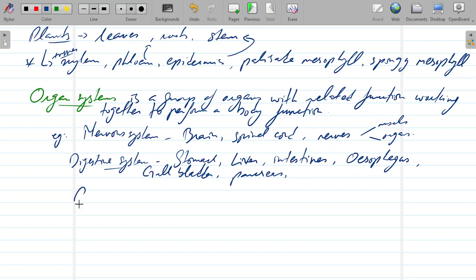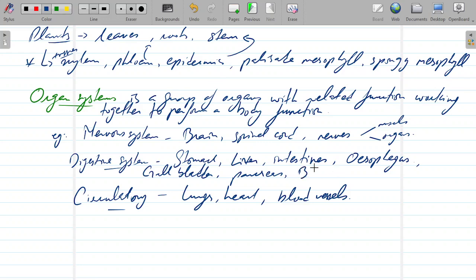You have the circulatory system, and that would include the lungs, the heart, and all the blood vessels. So you've got different organ systems. Blood vessels are obviously present in the digestive system as well, for absorption.